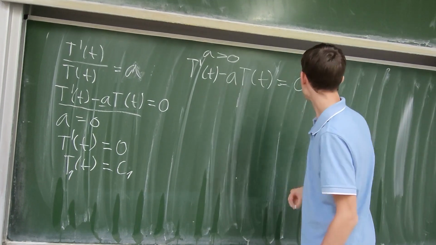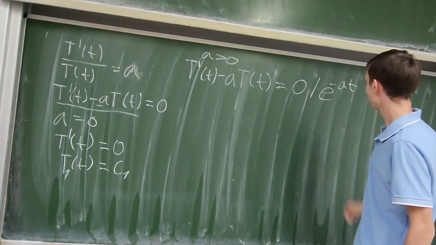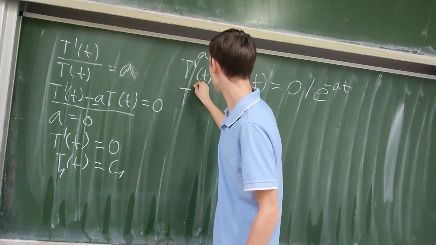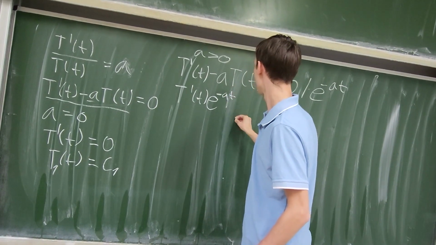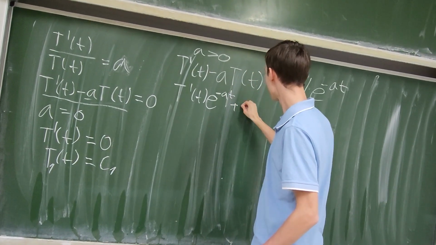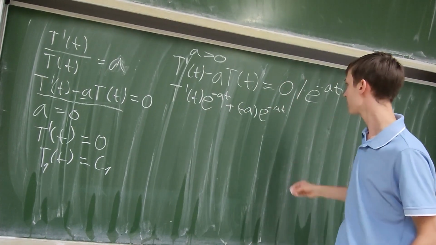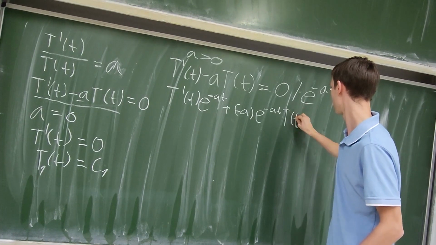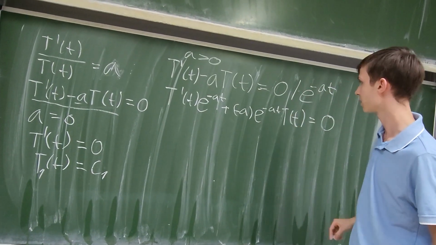Because of this minus a, I'll multiply both sides by e to the minus at. And what that gives is T prime of t e to the minus at plus minus a e to the minus at, T of t equals 0, because e to the minus at times 0 is still 0. The minus is because of the minus a.